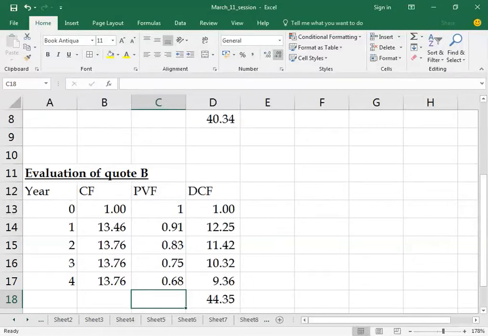I'll come to it. There is something else to be considered. Complete code A, code B. I'll then tell you one more concept which I should have done in capital budgeting.